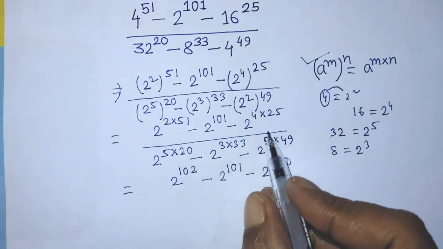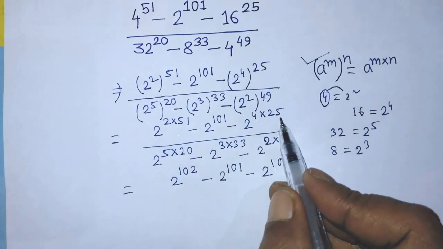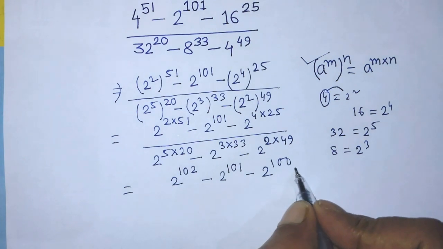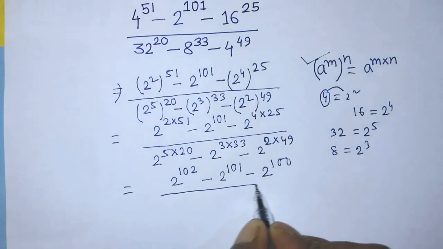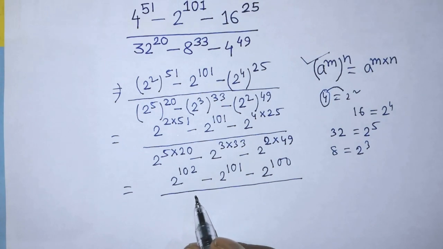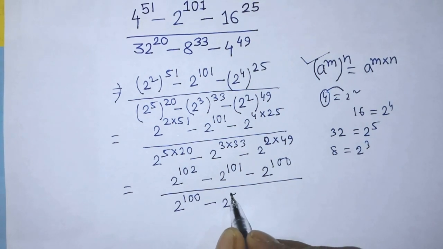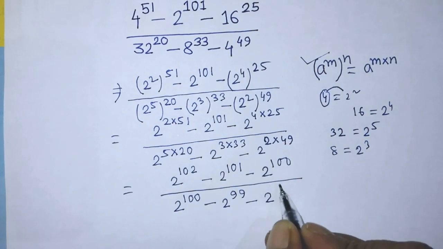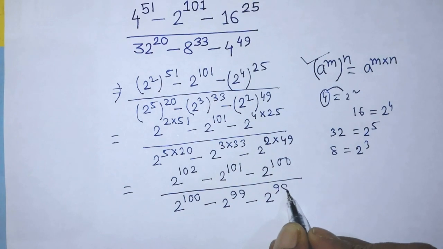If you multiply 4 with 25 then you get 100. Similarly, we can write in the place of the denominator 2 to the power 100 minus 2 to the power 99 minus 2 to the power 98.